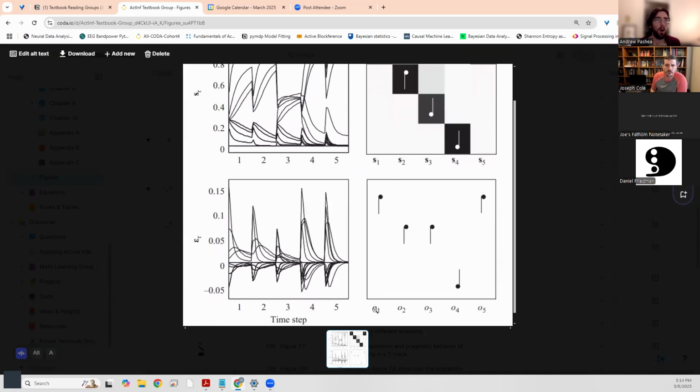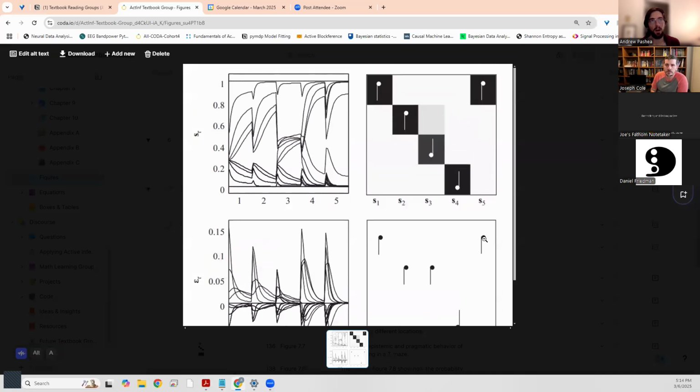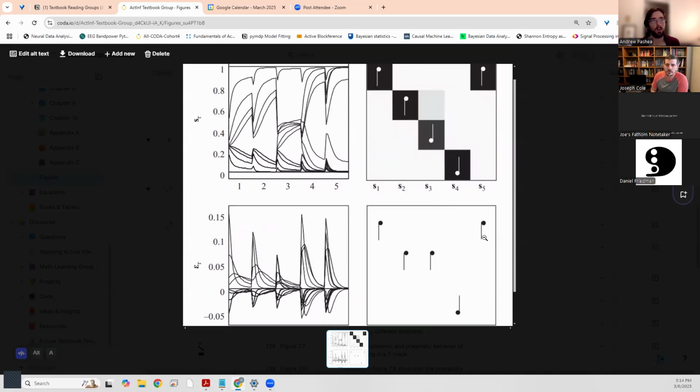Meanwhile, with our O's, or observations, what really happens is that we get an A, we get an A sharp, and then rather than getting the expected B, the actual observation is that they realize, oh no, they hit the same note twice in a row, which is not correct. But by the fourth time step, they get back to what the note should be. And at time step 5, they also hit the correct note.